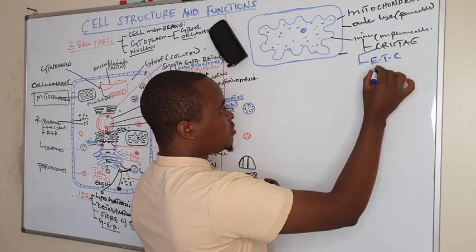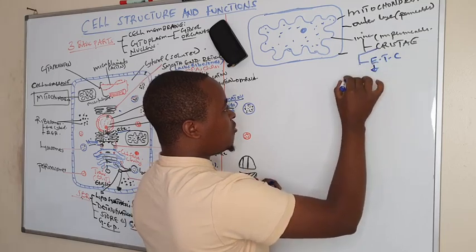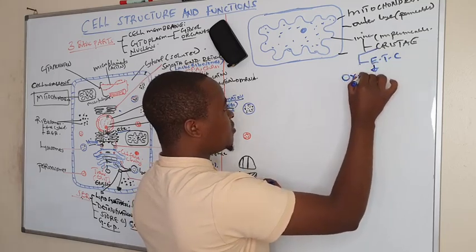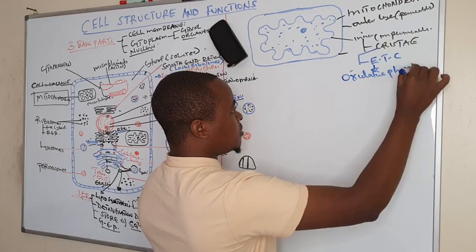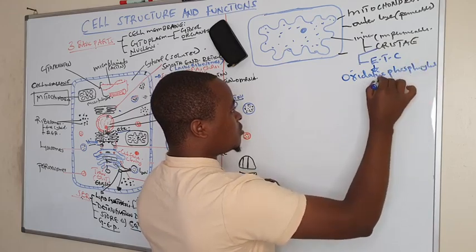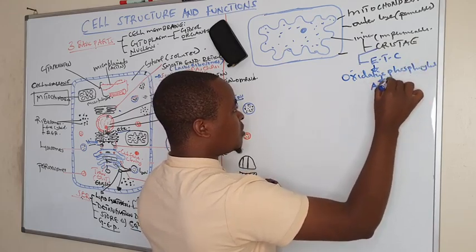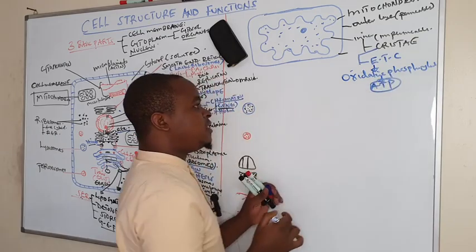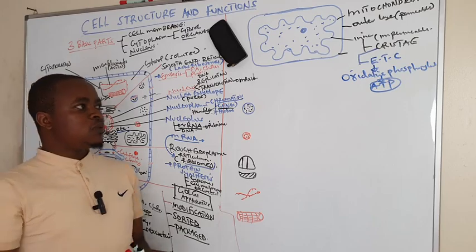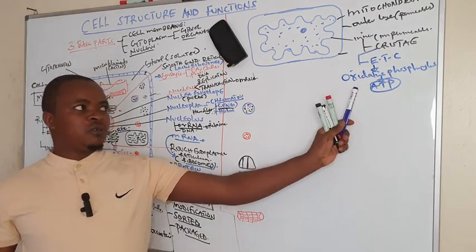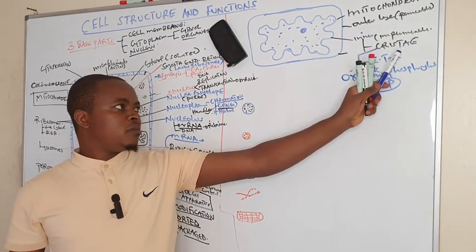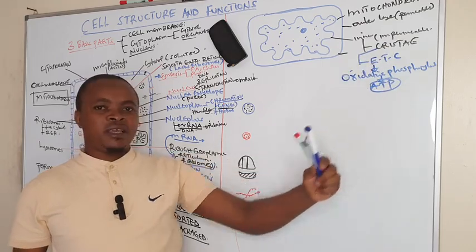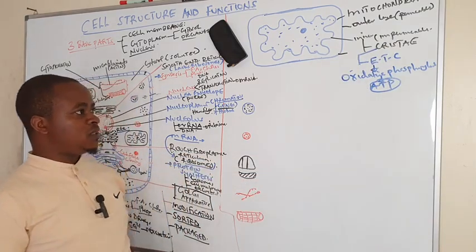But this electron transport chain is the one responsible for oxidative phosphorylation to produce energy in the form of ATP. So energy in the form of ATP is produced by oxidative phosphorylation along the inner mitochondrial membrane by the process which is carried out by the electron transport chain.